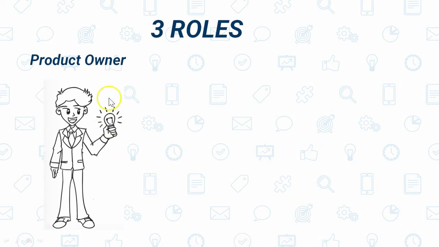So the product owner is a person who communicates with the client and understands the requirements. He is the person fully responsible from the company who will be handling all the activities for the development of the software so that it reaches the client. He is fully responsible for the project or the software development.